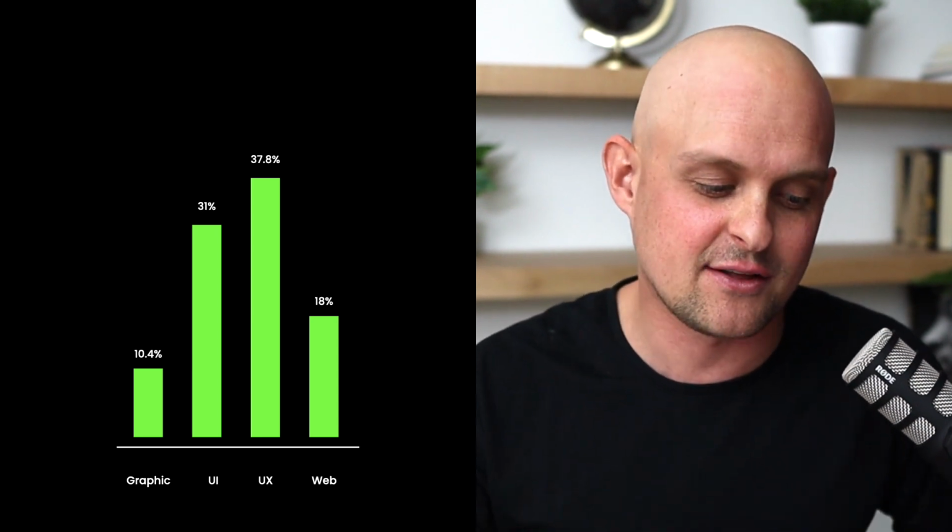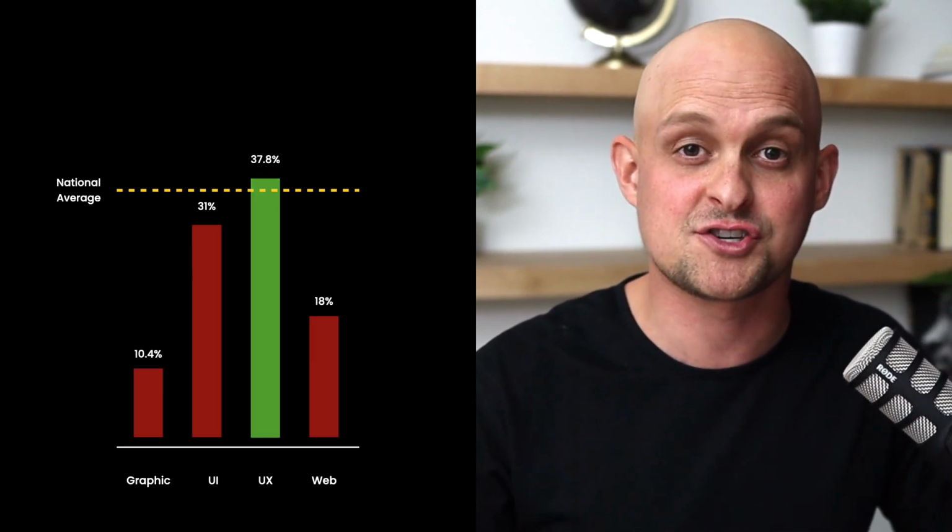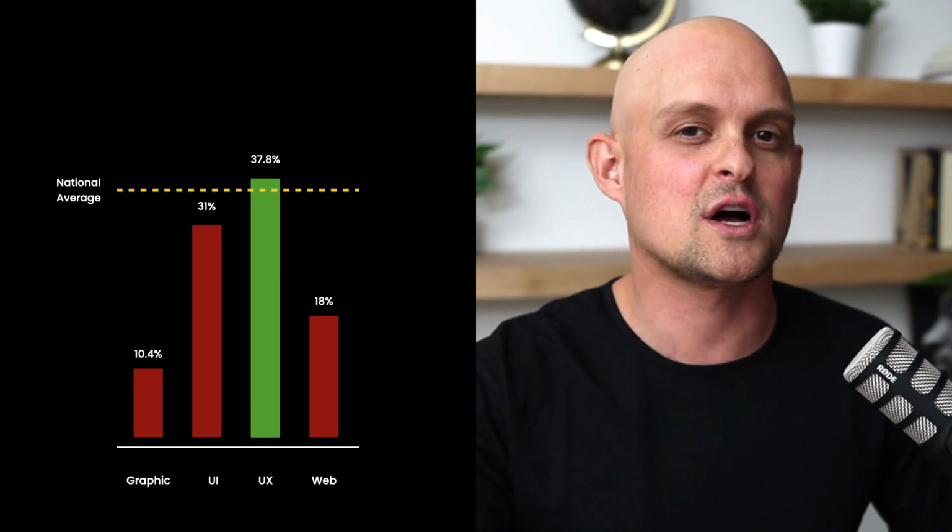So as I'm editing this video, I'm realizing that I did not do a good enough job at expressing just how far we are behind in terms of salary increase year over year. So what I've done is I've taken these salary increases and thrown them into a graph, and then I have given you a line here that represents the national average of salary increase across all jobs.